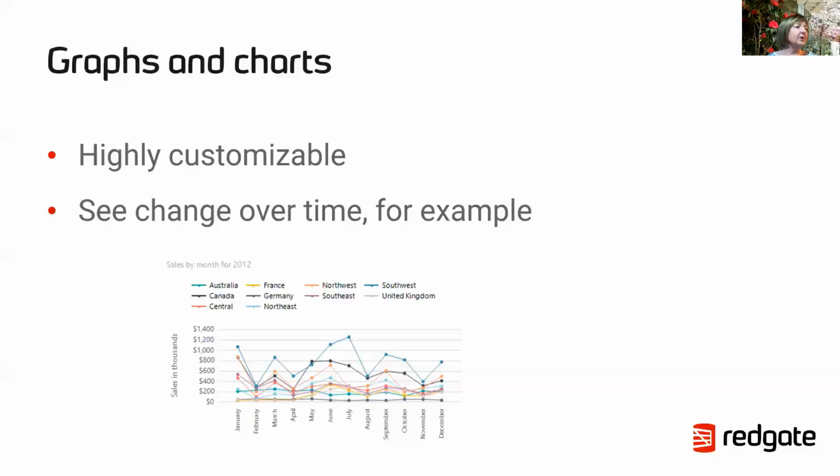Here's an example of a graph where we're looking at one particular year, 2012, and all the territories and their sales over time. Notice that we have formatting of the y-axis and we're showing sales in thousands. That's just some really basic formatting, but you can go much deeper than that.